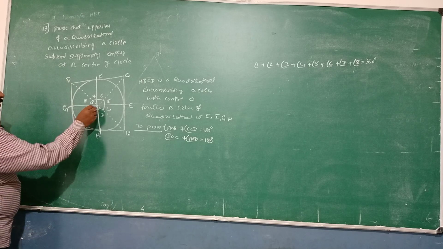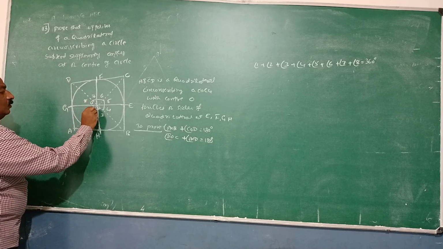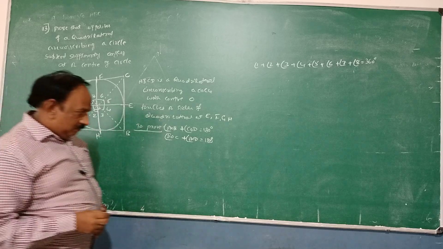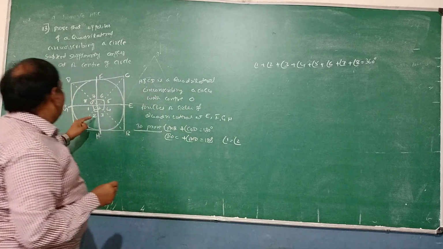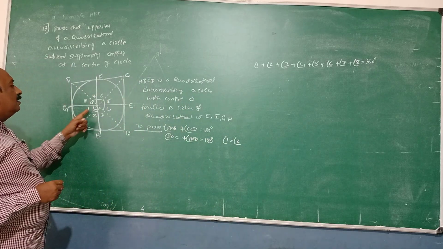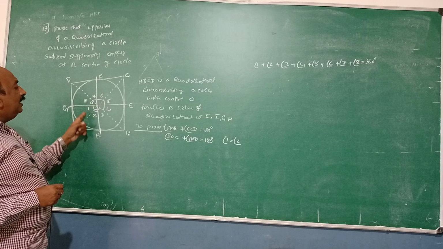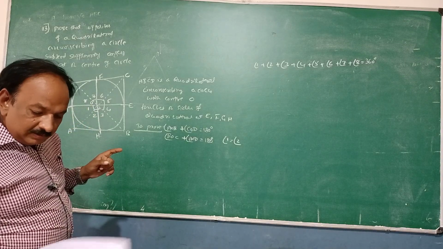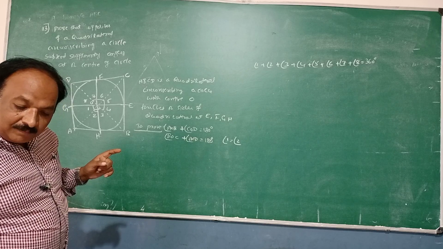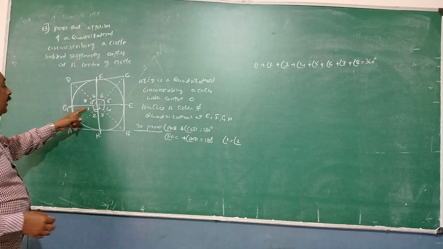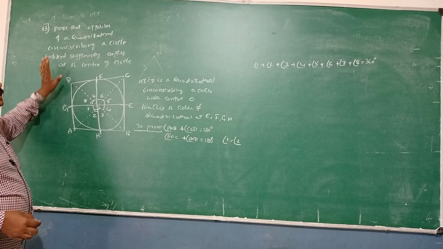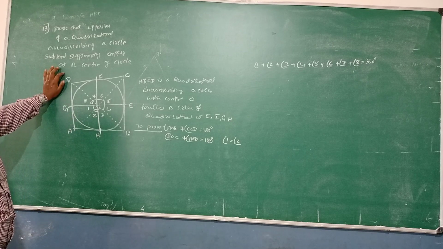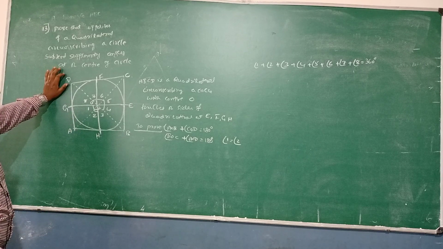Now angle 1 is equal to angle 2, because tangents drawn from an external point are equally inclined to the line joining the external point and the center.